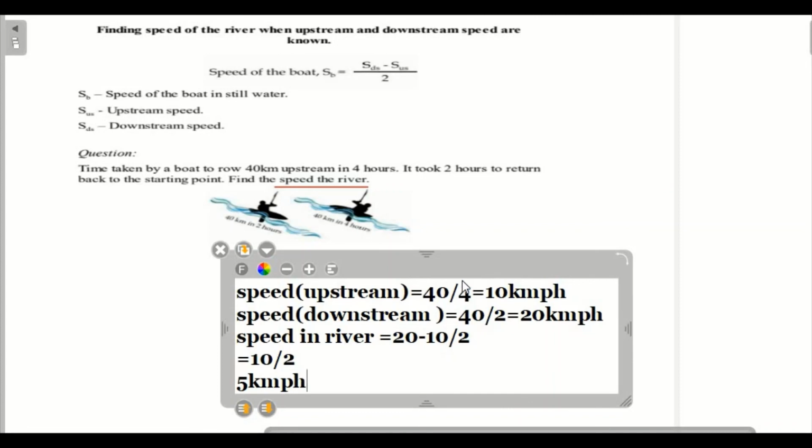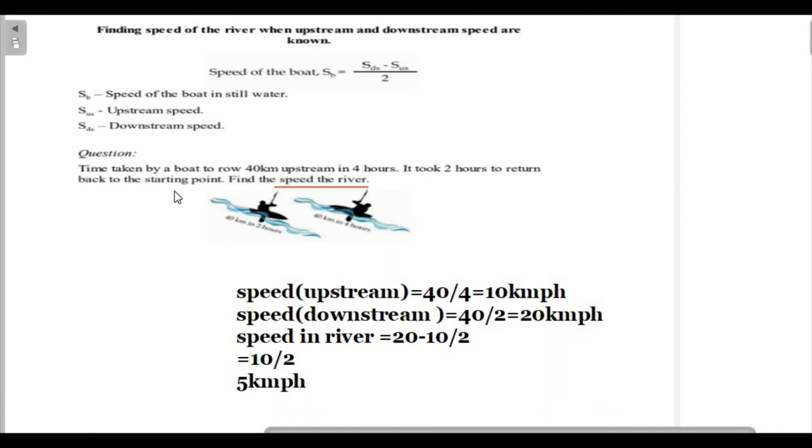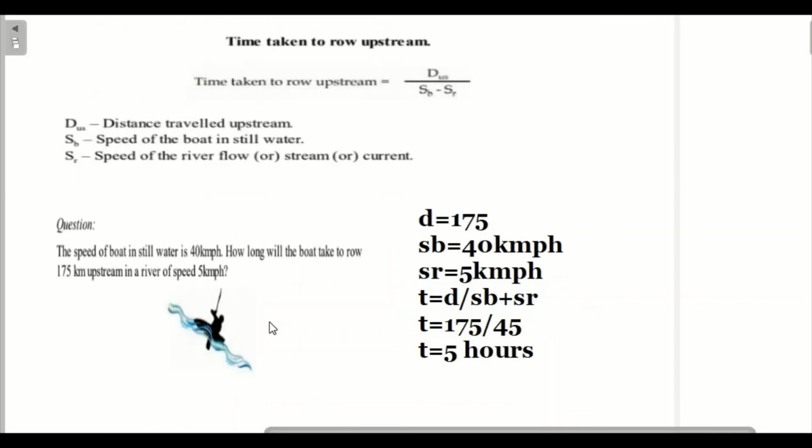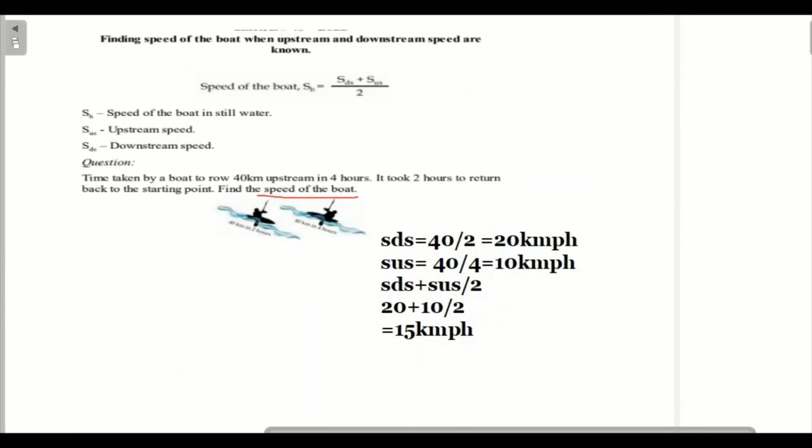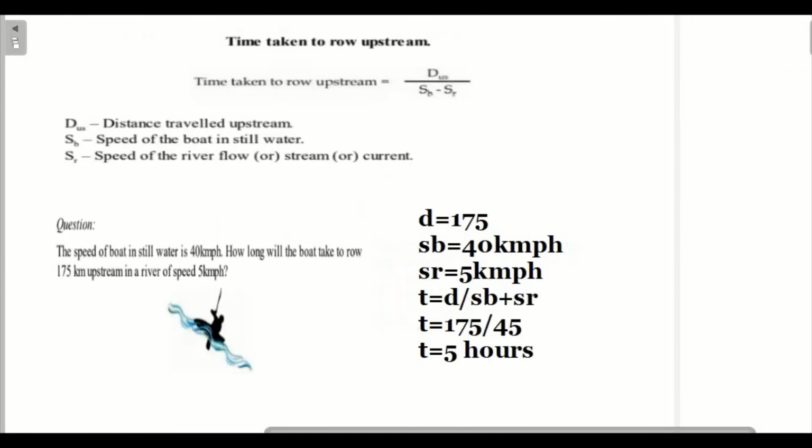Okay, so we have to be very clear. As I said in the train problem, in the same direction we have to subtract the values. For the opposite direction we have to add the values. In the same way, for the boat, for upstream we have to subtract the values.